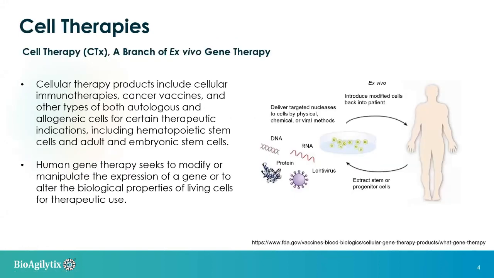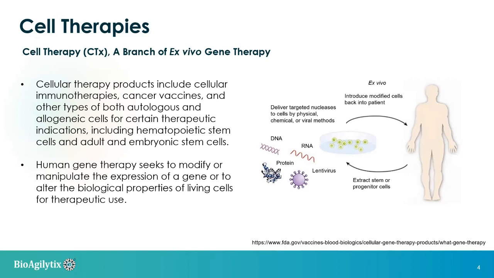And today, briefly, I'm going to be talking about a type of novel modalities, as I mentioned. It's an advanced therapeutic medicinal product called cell therapies. Cell therapy products include cellular immunotherapies, cancer vaccines, and other types of autologous or allogeneic cells that can be used to treat certain therapeutic indications. They also include hematopoietic stem cells and adult and embryonic stem cells as well.